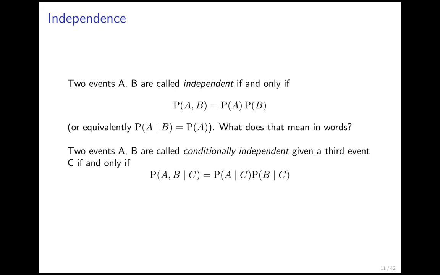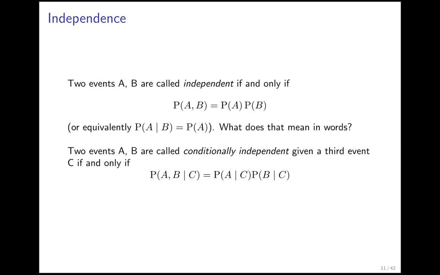Independence puts more knowledge into the system, and it formalizes some kind of dependency or independency between two events. And we call two events A and B independent if their joint probability decomposes into the individual probabilities.